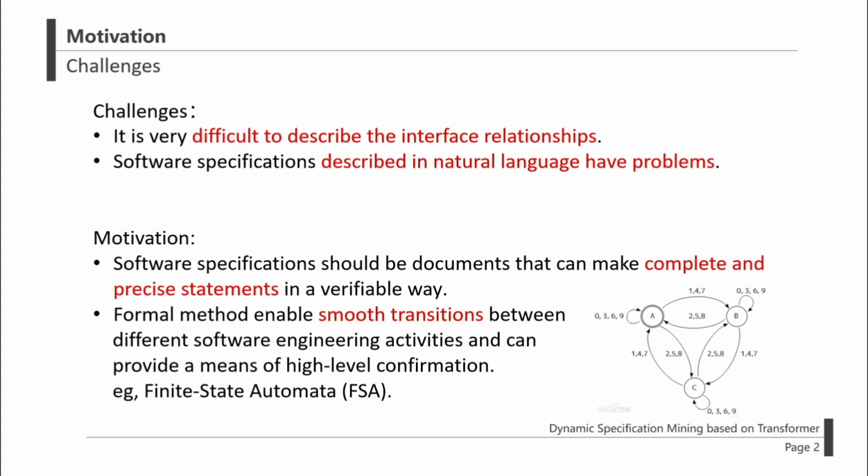For example, a finite state automaton can describe the order in which methods are called through different states and transitions between states. Automaton models are more precise and abstract than natural language descriptions. The precision of the expressions helps to make the specification clearer.